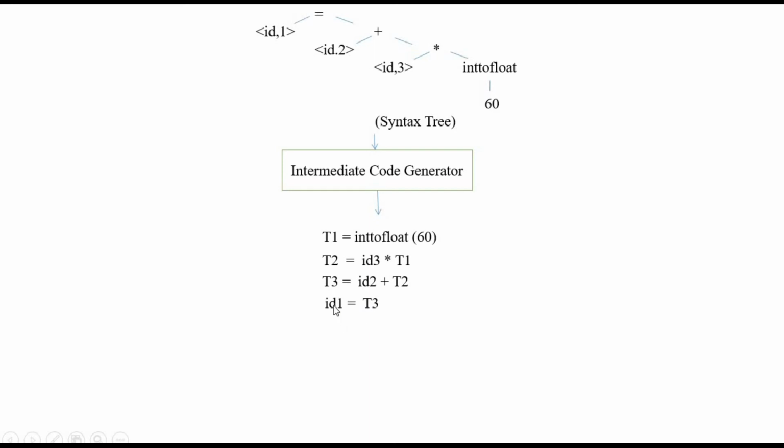The value of T3 is stored in identifier 1. Note that if you generate the intermediate code, then don't change the original form of the expression. This intermediate representation gives the input to the next phase of the compiler, which is the code optimizer. So the next phase of the compiler is the code optimizer.